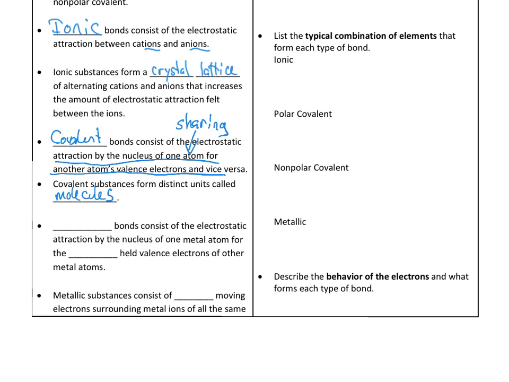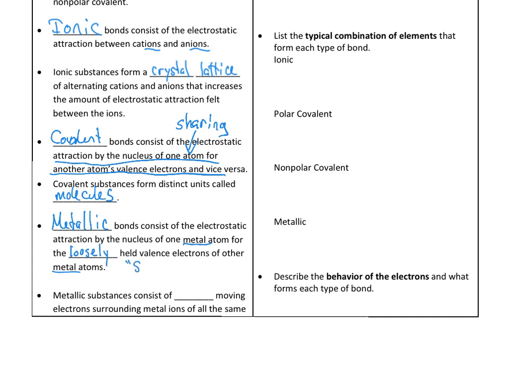All right, which type of bonds consist of the electrostatic attraction of the nucleus of one metal for the loosely held valence electrons of another metal? Well, I'm talking about two metals, so that's going to be the metallic bond. And the valence electrons there are what we refer to as loosely held, right?